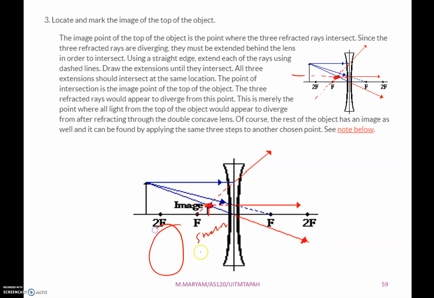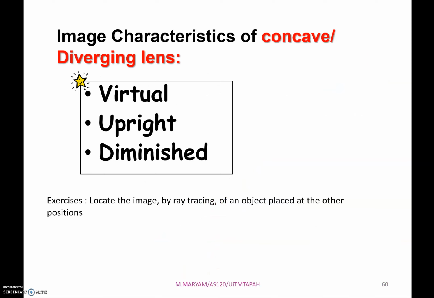Since it's at the front, it's virtual and also upright. For a concave lens, it's a bit different than convex lens. The image is the same no matter where you put your object. So let's say you put your object inside F, outside F, more than 2F, or anywhere the object is placed, your image will always be virtual, upright, and diminished.